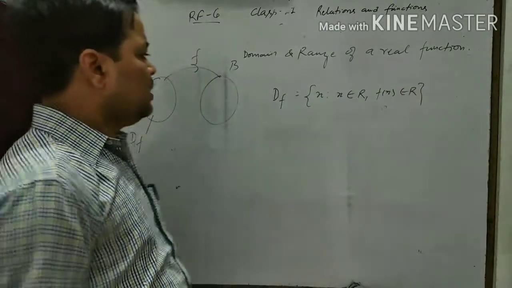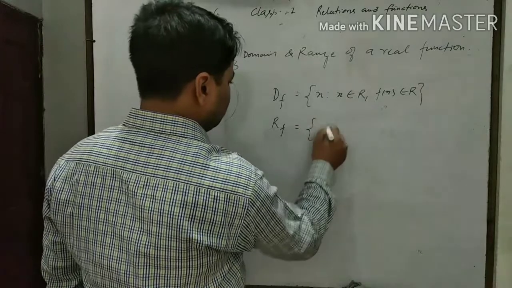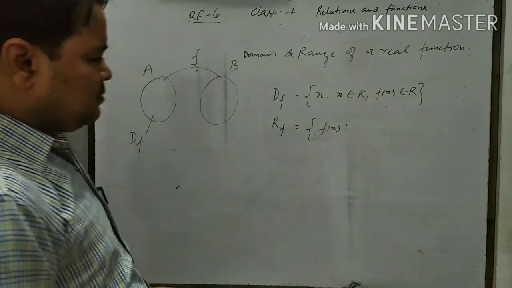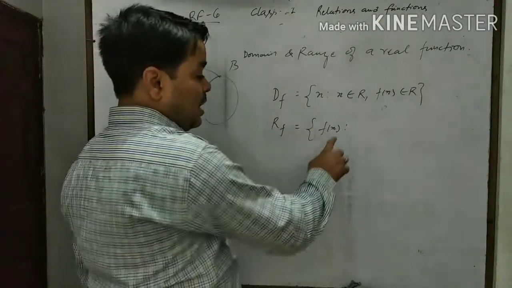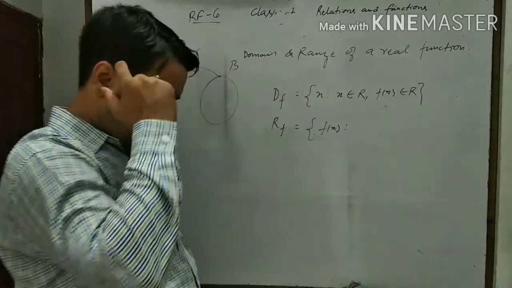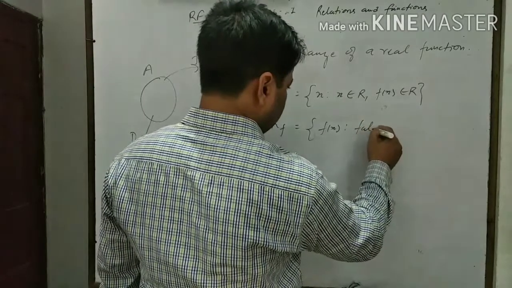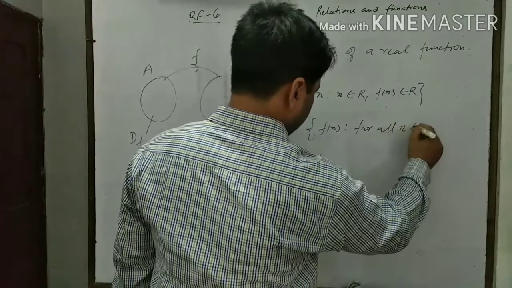Getting? Now, what is the range of the function? The range of the function means f(x), such that the range of the function will be all images of x, for all x belongs to real.